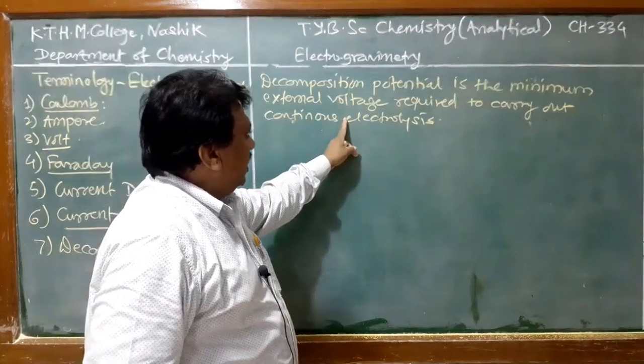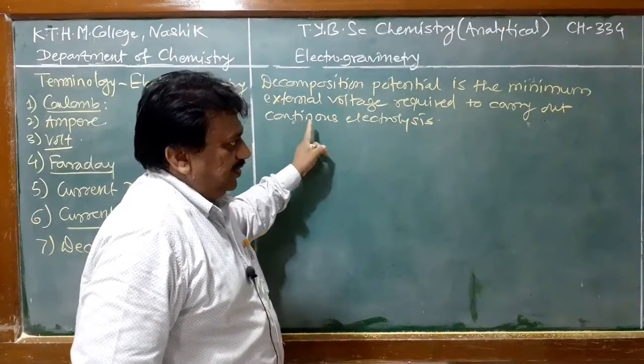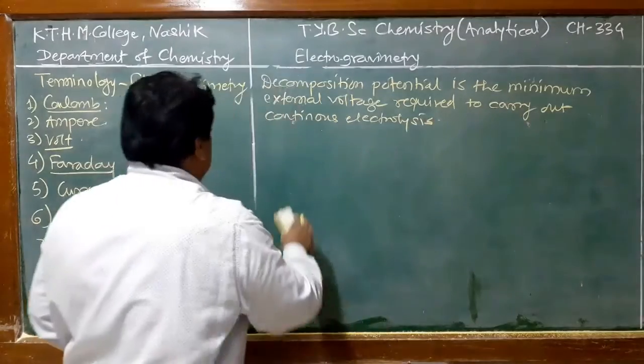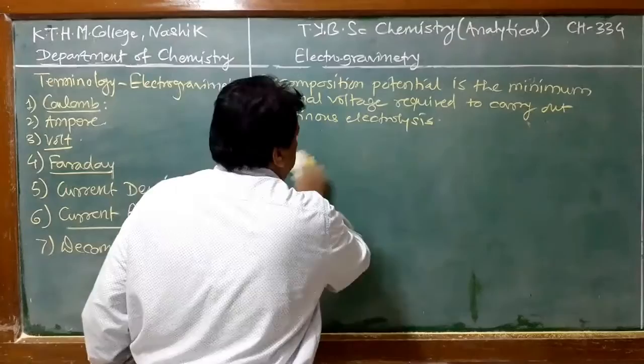That is the minimum external potential required to carry out continuous electrolysis, called the decomposition potential.